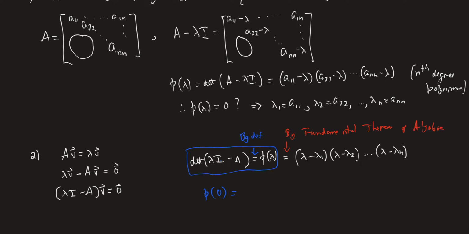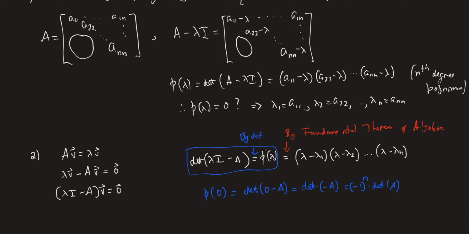Well, if I plug lambda equals 0 in, I will have the determinant of 0 minus a, which is the determinant of negative a. And if you think back, it's been a while, but we had a property that tells us what happens to the determinant if we multiply our matrix by a scalar. That scalar, which in this case is -1, gets raised to the power that is the dimension of the matrix. It's going to be -1 to the n times the determinant of my matrix. Okay, so we have an expression like that.